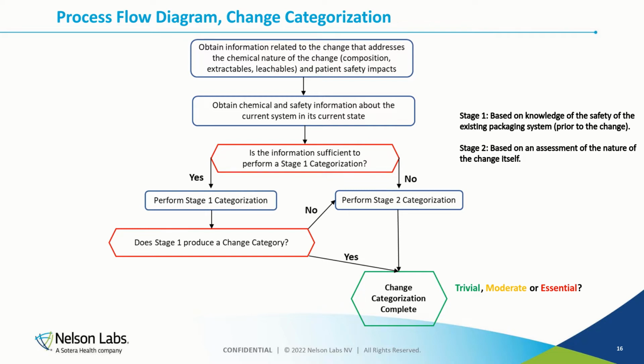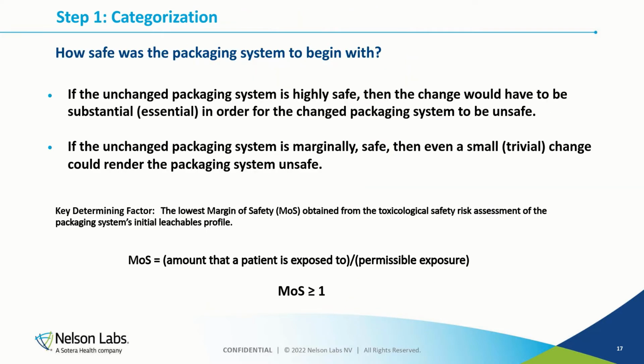Yes or no? It's a simple yes or no question. If the answer is yes, well, then you categorize the change. It's as simple as that. If the answer is no, if I can't categorize the change just knowing how safe my container closure system is, then you need to perform a stage two categorization, which is based on assessing the change itself.